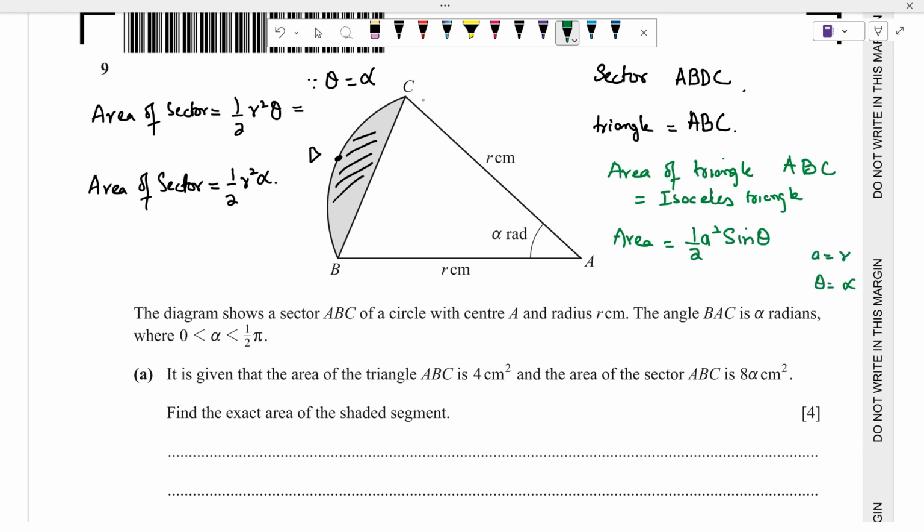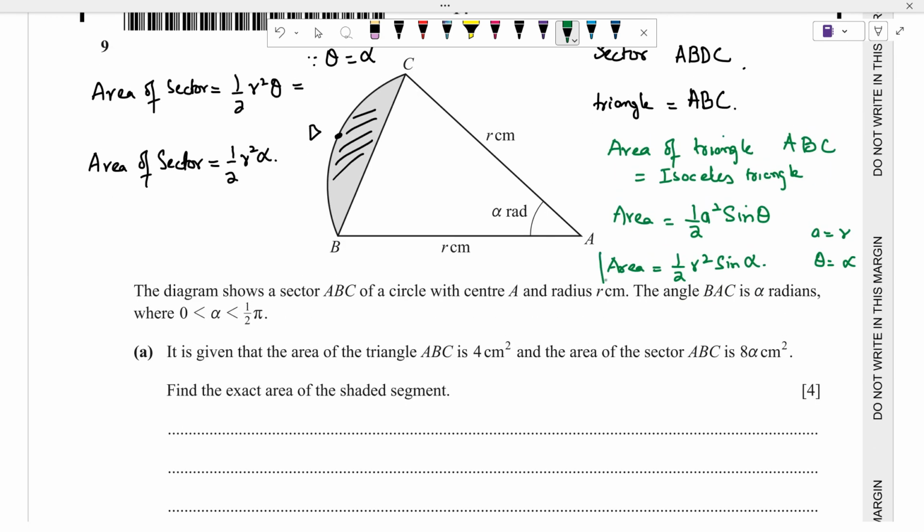So the area of the triangle ABC is 1 over 2 r squared sine of alpha. We should know these two pieces of information: the area of the isosceles triangle and the area of the sector.